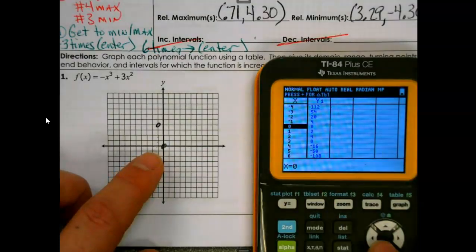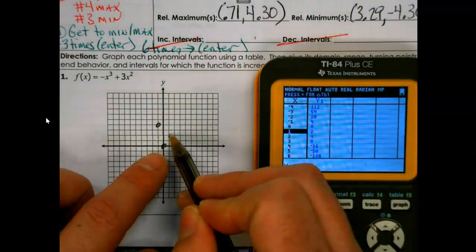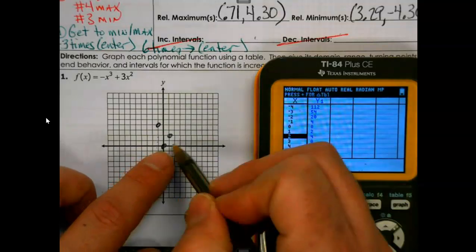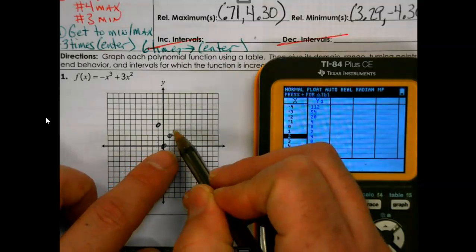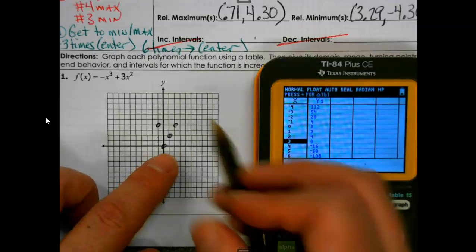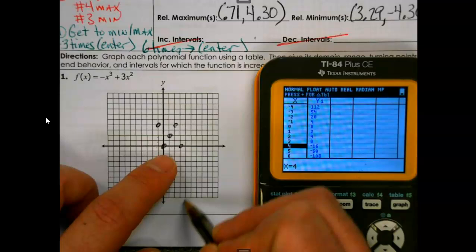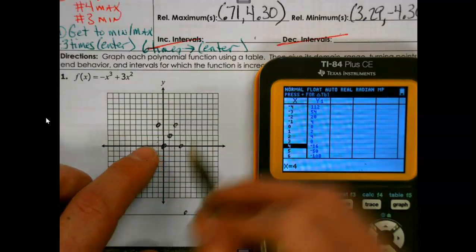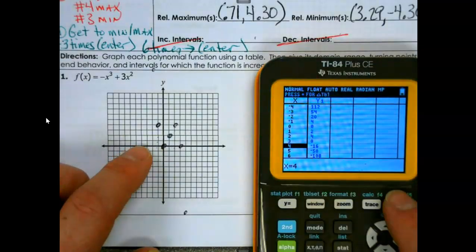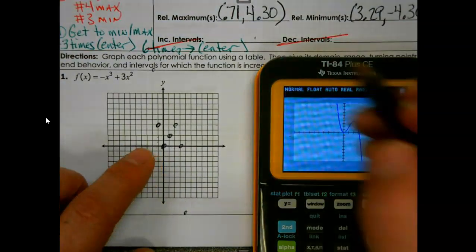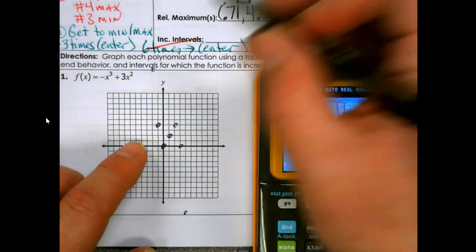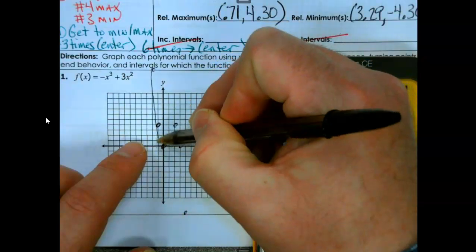All right. 1, 2. 2, 1, 2, 3, 4. Ooh, it's kind of funky. 3, 0. And then we go off to crazy in both directions here. I just want a few points so when I'm graphing, I kind of have an idea.